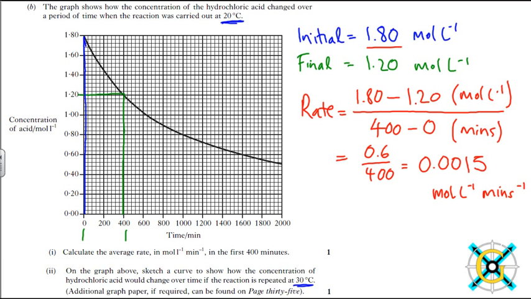So what they're looking for is a slope that starts at the same point up here, as the concentration, but has a steeper gradient and curves similarly.